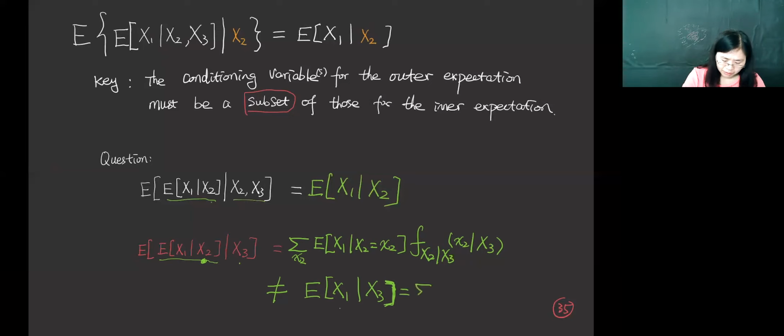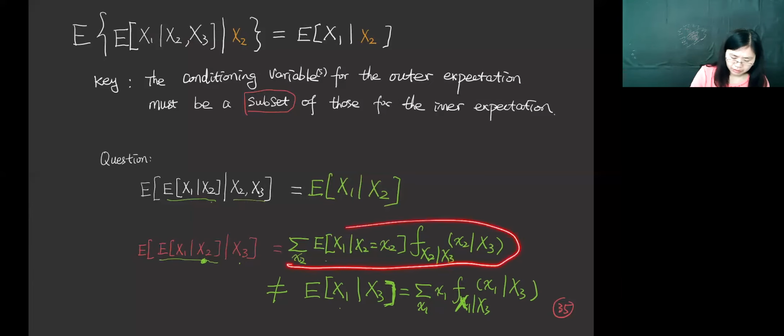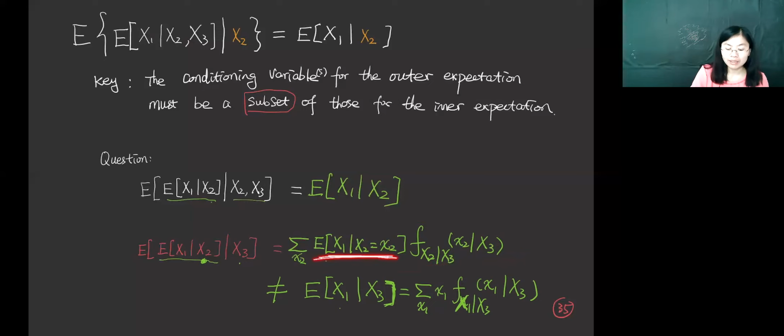That is the sum over x1 of x1 times the probability of x1 given x3, and that is not the same as this expression. You can verify that by also writing out this conditional expectation. You find that nothing cancels out to give you this simple expression. So these two are not equal.